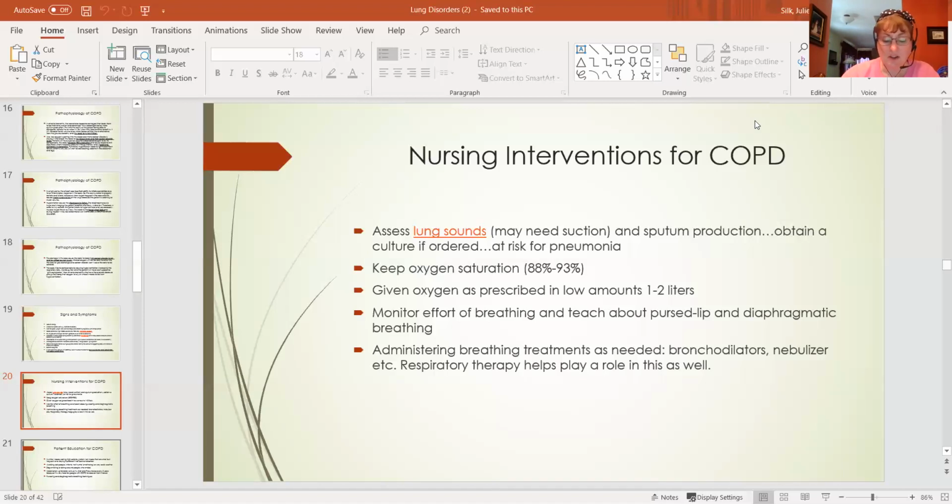Believe it or not, there are surgeries that you could do for COPD. One thing that I don't know if you've ever thought about is something called lung reduction surgery. If you think about it, what happens with COPD is you have a part of your lung that is not working well. It may not be your whole lung, but it's part of it, right?